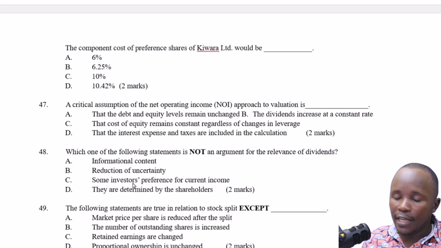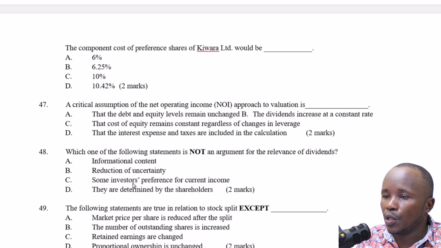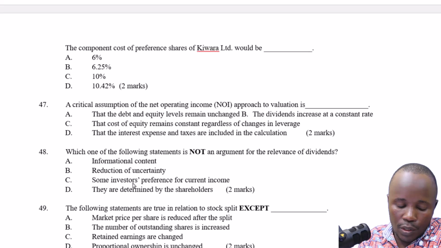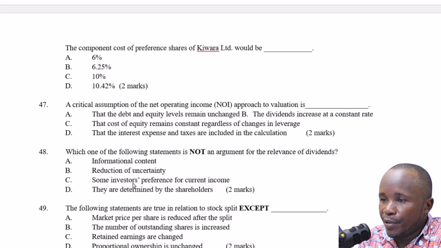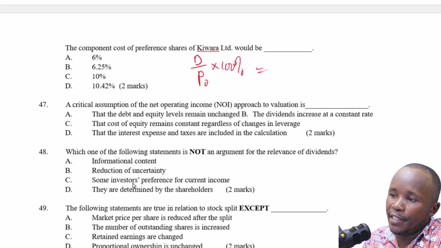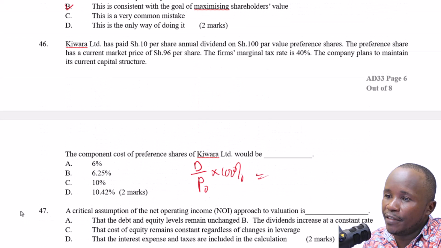Now, how do we find the cost? The cost of preference shares is obtained by dividends over the market price times 100%. Preference dividends here, you're told that Kawira has paid shillings 10 of the annual dividend.